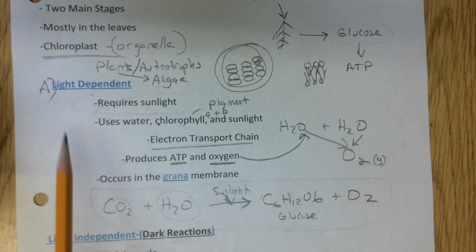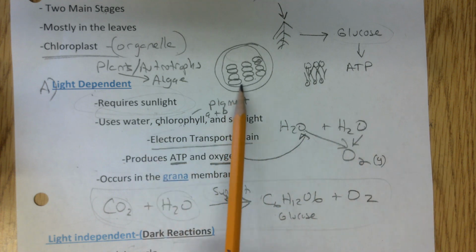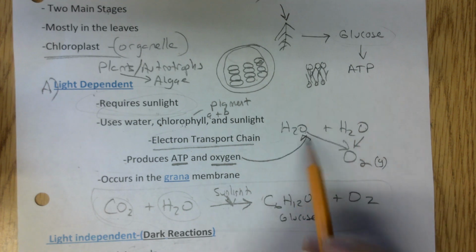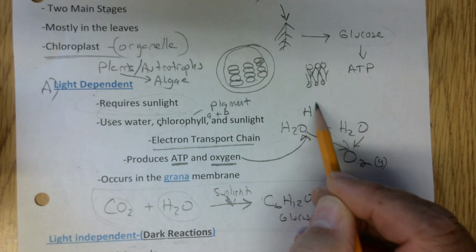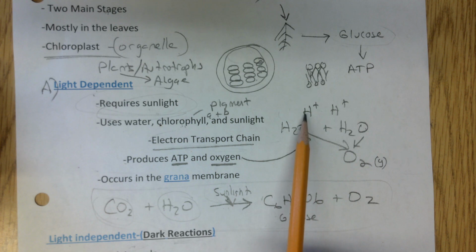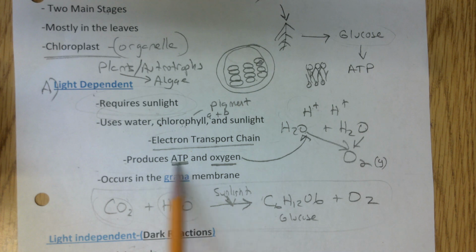So during this process, it's taking these oxygens off the water, using these electrons that are getting moved along, and they get moved along in a membrane. I'll show you that in a minute. But at the same time, as it pulls these hydrogens off, these hydrogens have electrons in their outer electron orbital. It then uses those electrons from the hydrogens to move along and create other things like ATP.